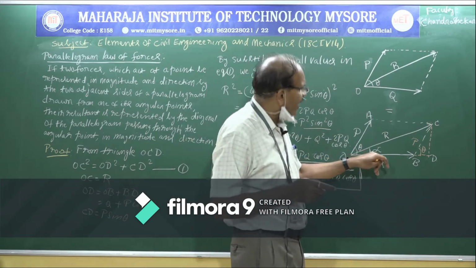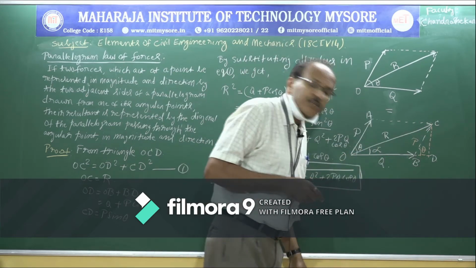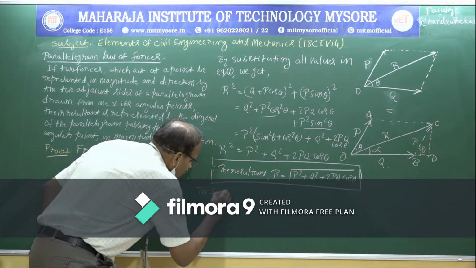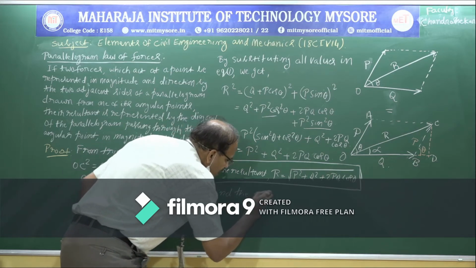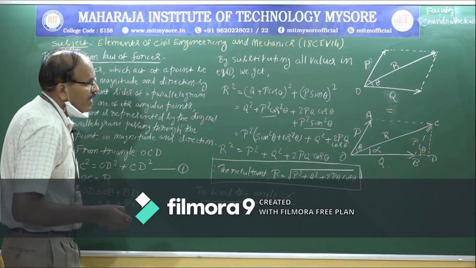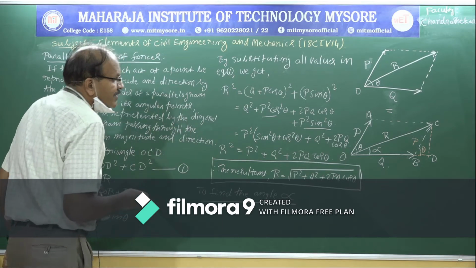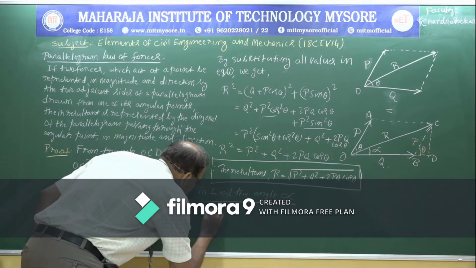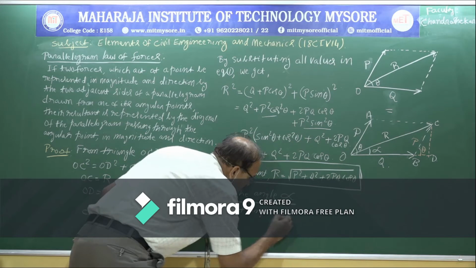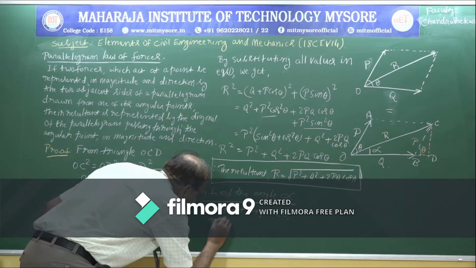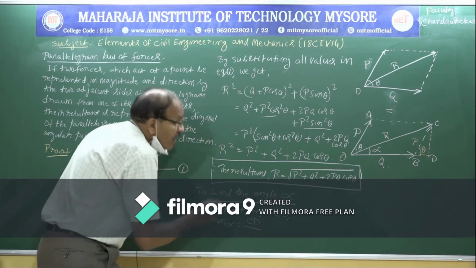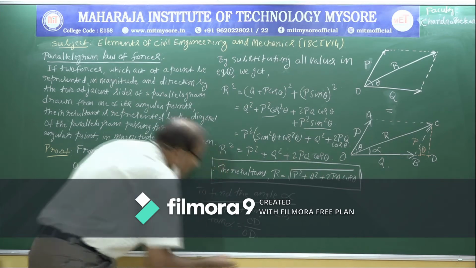So let us say alpha is the angle made by the resultant with respect to the horizontal force Q. So to find the angle alpha, again from the triangle OCD, tan alpha equal to opposite side, that is CD, divided by adjacent side, that is OD.